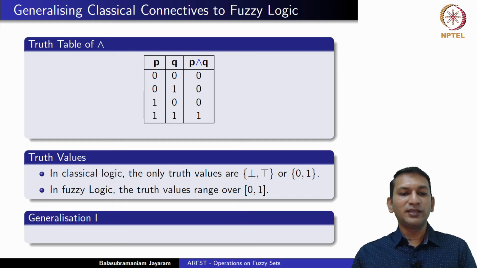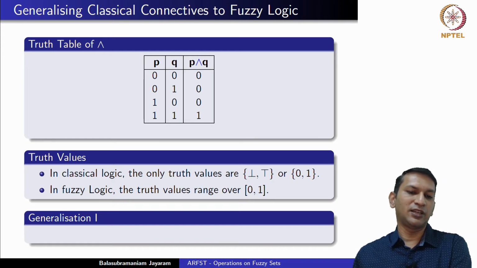So now, here comes the first generalization that we can make, looking at classical set theory and the correspondence to classical logic, and how we can interpret operations on classical sets vis-a-vis classical logical connectives.